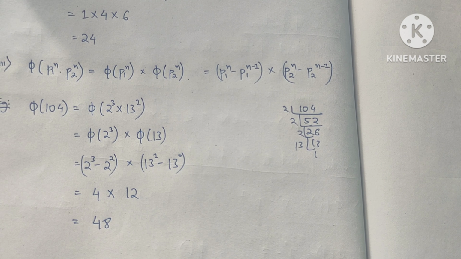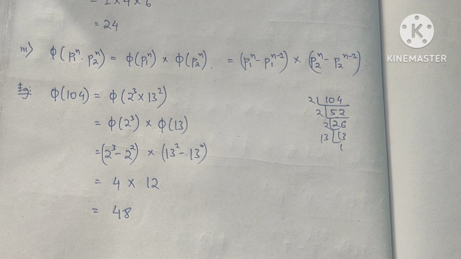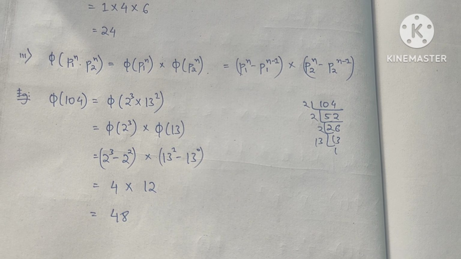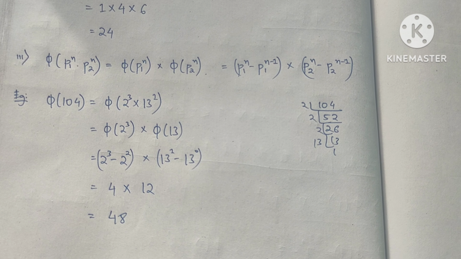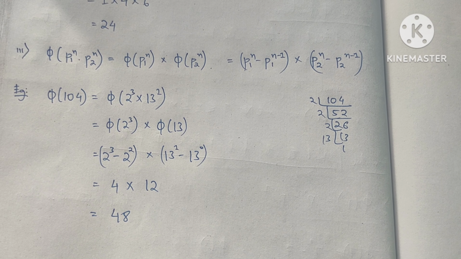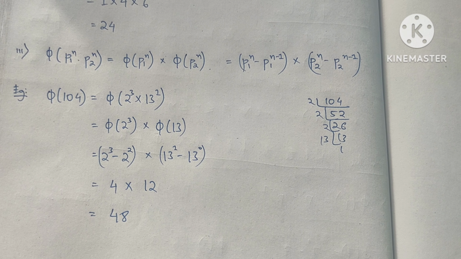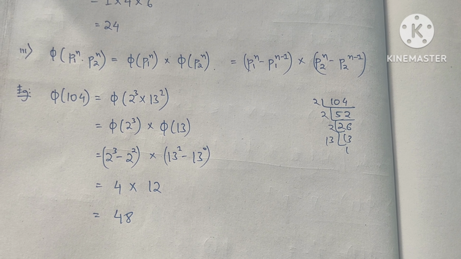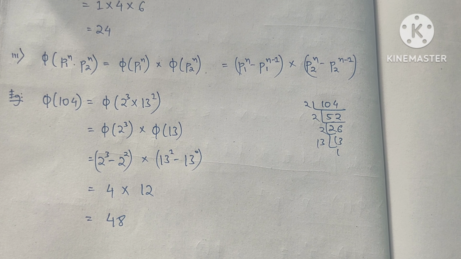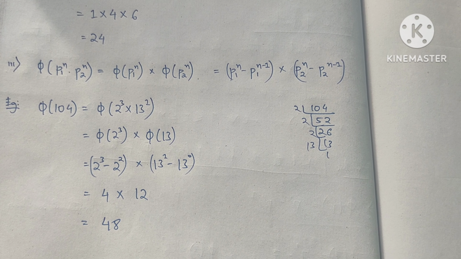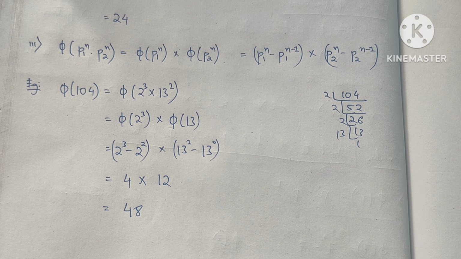Like in this example 104, first I have written 104 in the product of primes. We know that 104 has many products. One is 8 into 13, one is 52 into 2, and there is 104 into 1, but we have to write it in the product of primes.